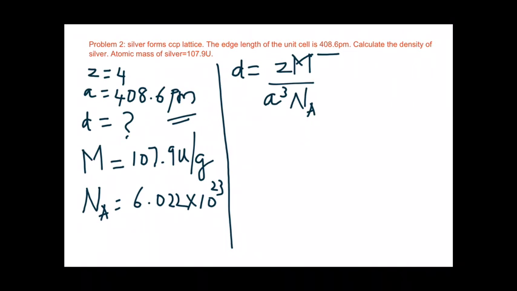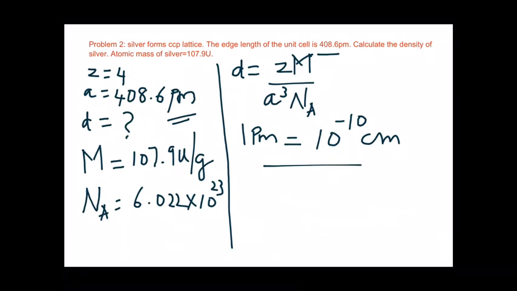So we can convert this picometer into centimeter first. For that, how much centimeter is 1 picometer? 1 picometer is equal to 10 raised to minus 10 centimeter. You have learned this relationship last year. Hope you remember it. Now 408.6 should be multiplied with this 10 raised to minus 10 to convert it into centimeter.